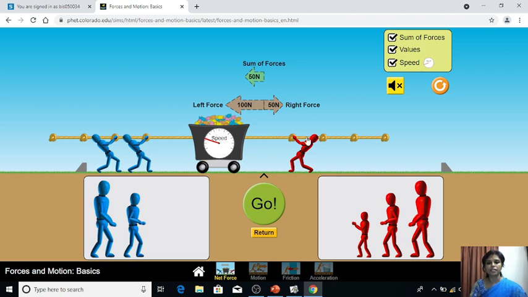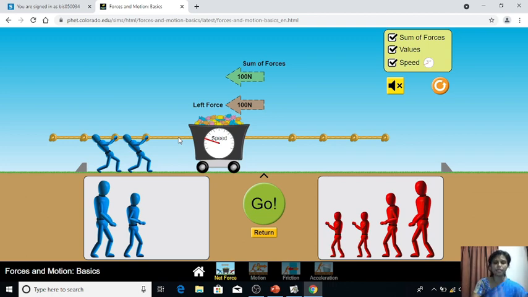But if I remove this person here, the red one, what is the total force applied here? It is simply addition. If the force is applied from the same direction, either in terms of pulling or pushing, the forces get added.